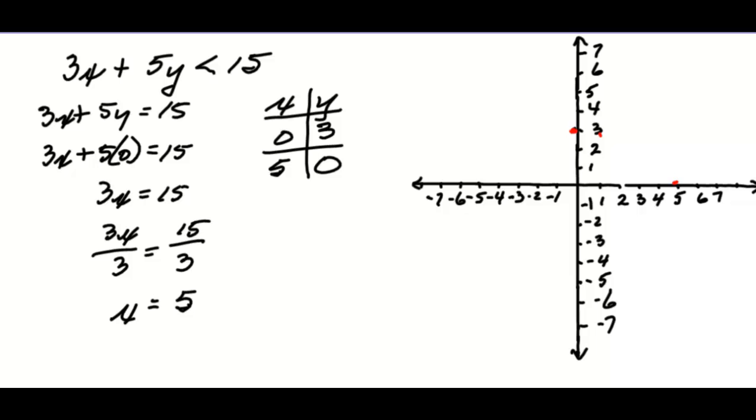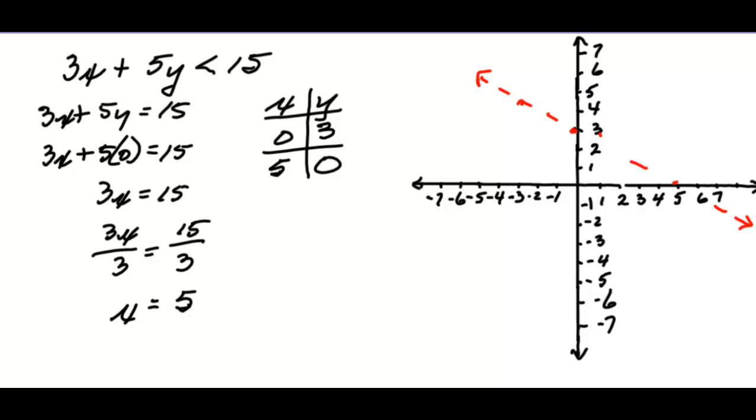And now, because it's less than, we're going to use a dashed line. We have our dashed line there, putting an arrow at each end, and that's a good practice for you.